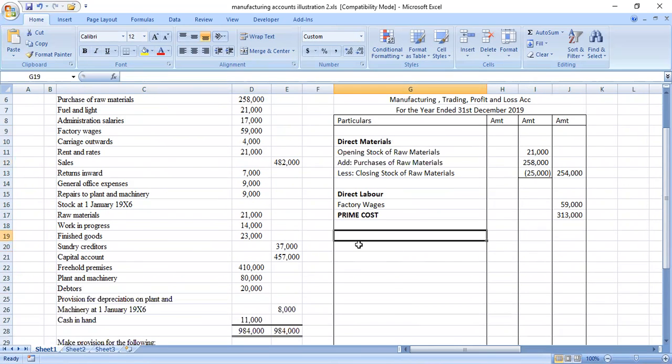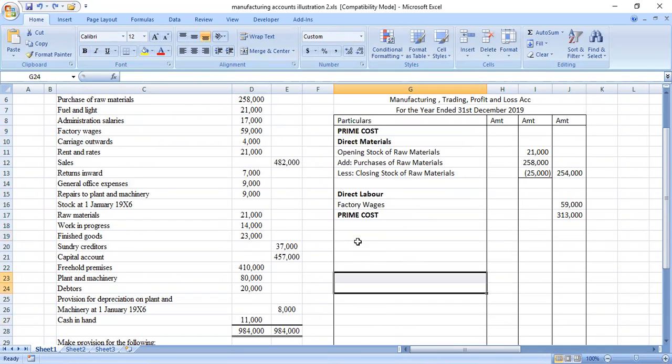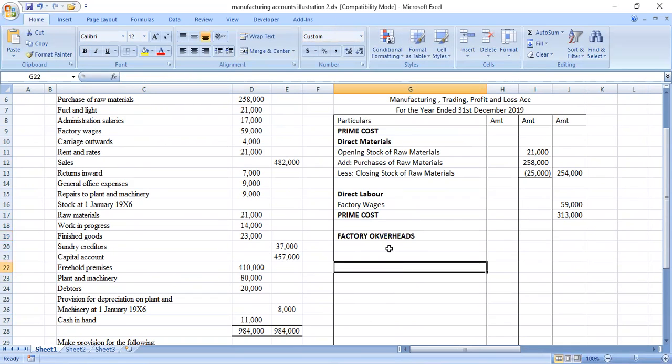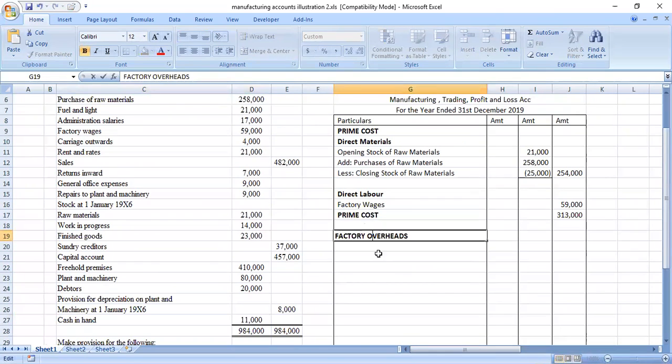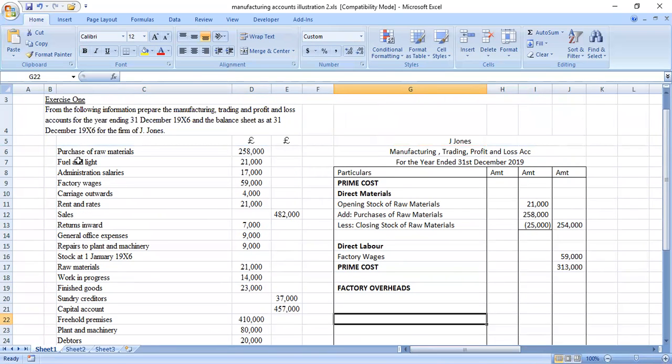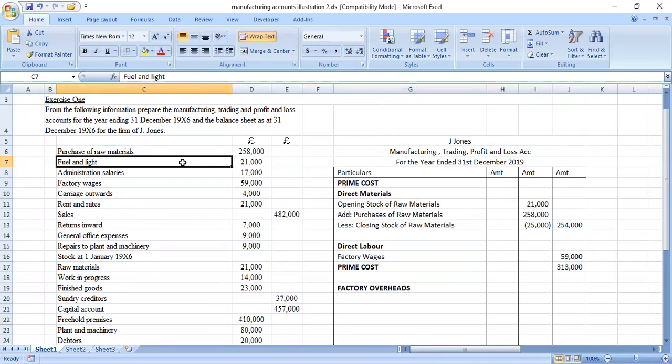Then now factory overheads. Factory overheads are those that have been incurred in the factory, those indirect expenses in the factory. A good example is fuel and light.